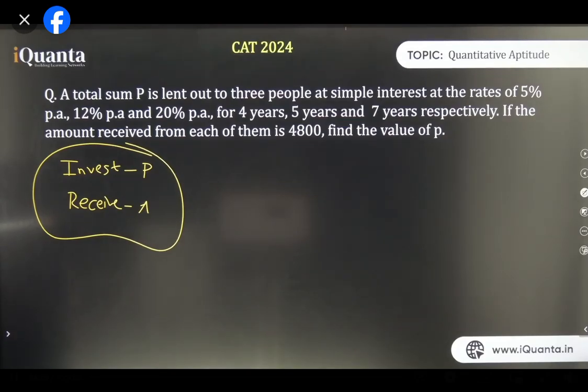I'm waiting for you to answer, then I'll explain. By the way, we have to find the total value of P, no? Total, not in each case. I hope that's clear.